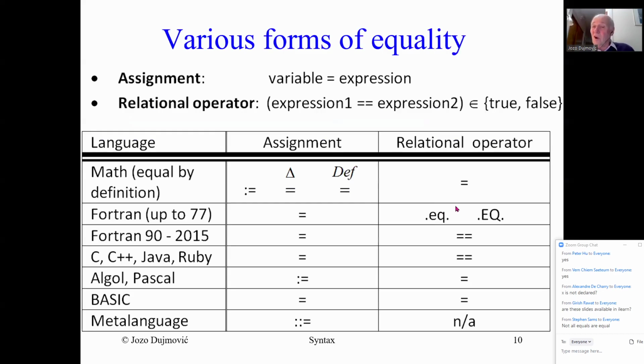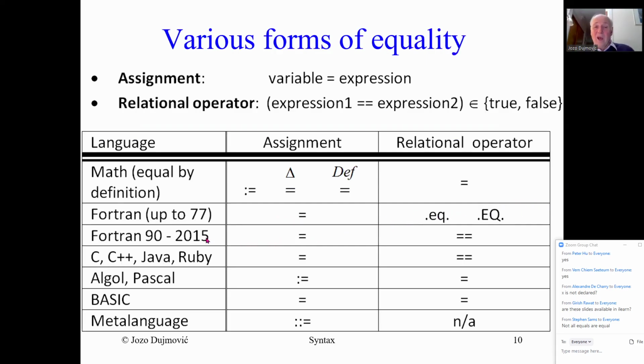And that's how these dots came into operation. So the compiler knows that this is not a variable, but it is the equal to relational operator. And this was up to 1977. A standard that was introduced in 1977 was always having this as assignment, this as a relational operator.